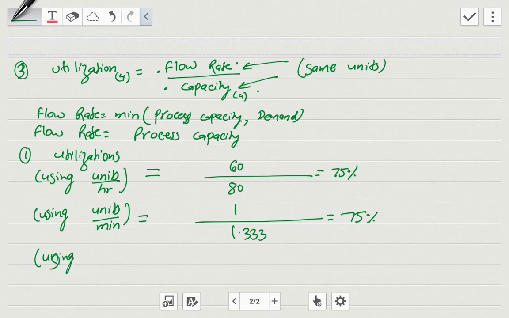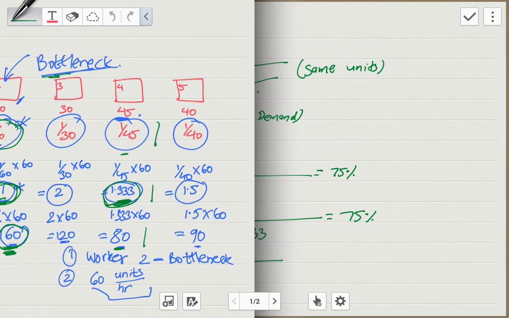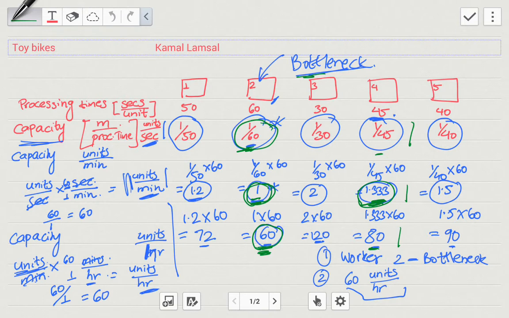Using units per second, again, we want to find out the flow rate in terms of units per second and the capacity of station 4 in units per second. Capacity of station 4 in units per second is 1 by 45, and the process capacity, or the capacity of the bottleneck, expressed as units per second is 1 by 60.